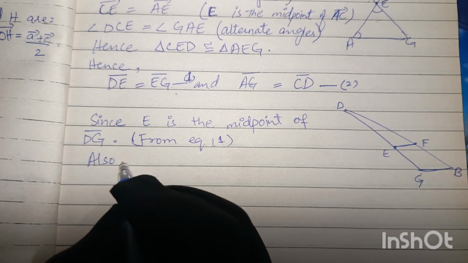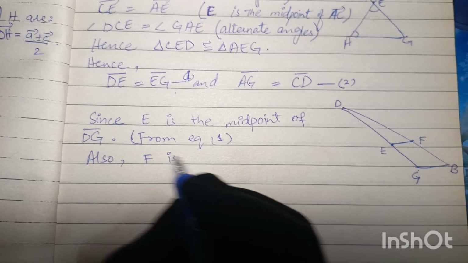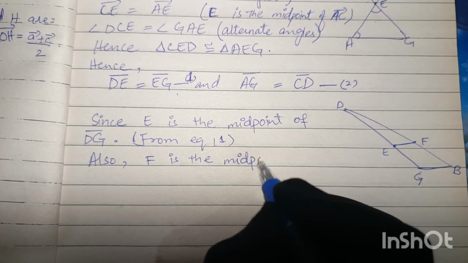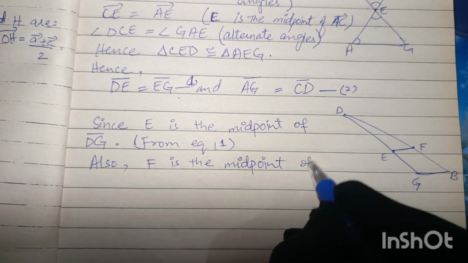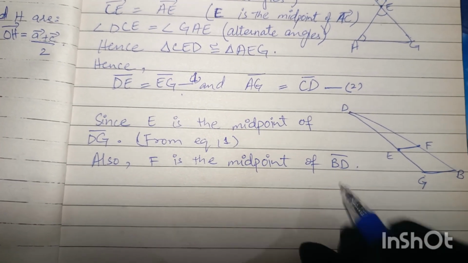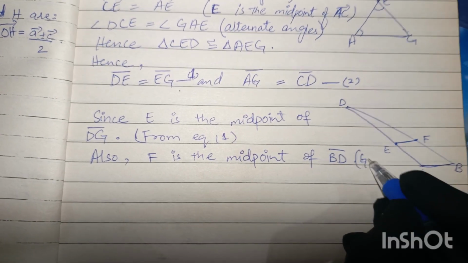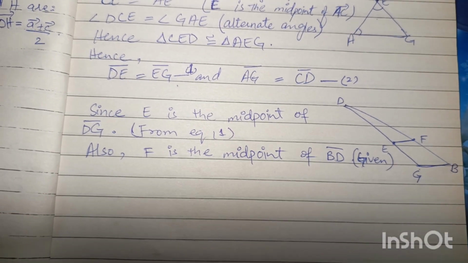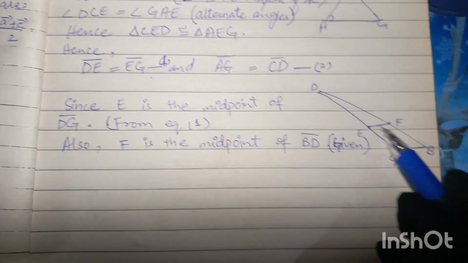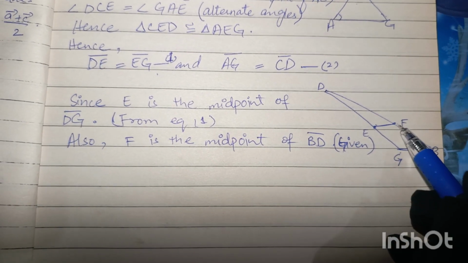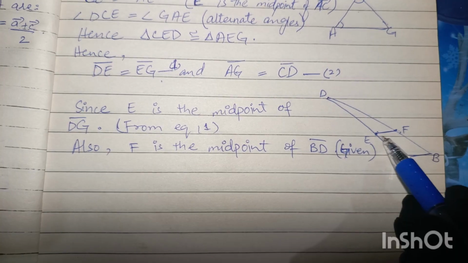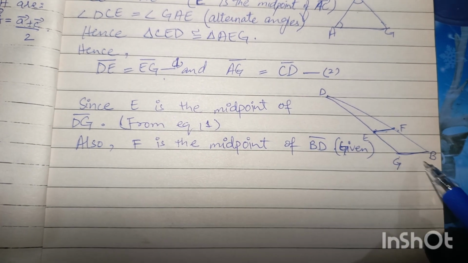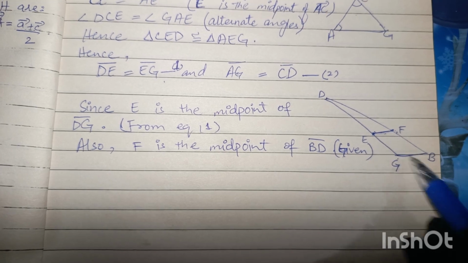Also, F is the midpoint of BD. Why? Because this is already given in our question. So if these two points are the midpoints of two sides of a triangle, then the line segment joining the midpoints is parallel to the third side and half of it.